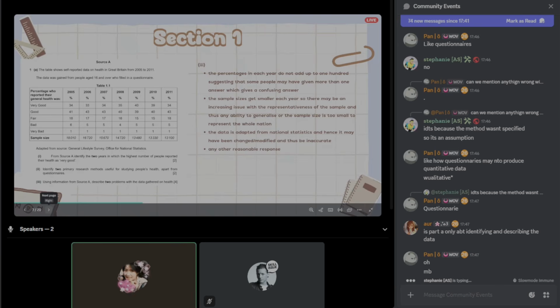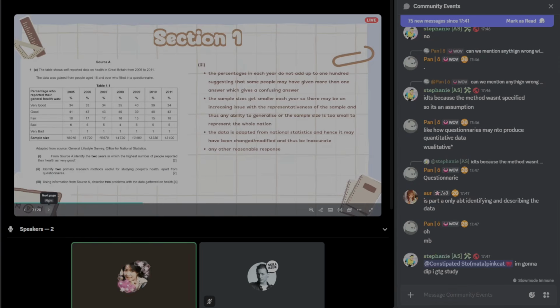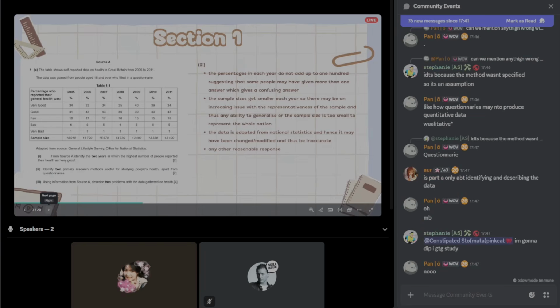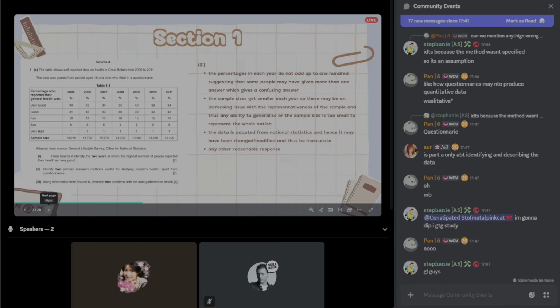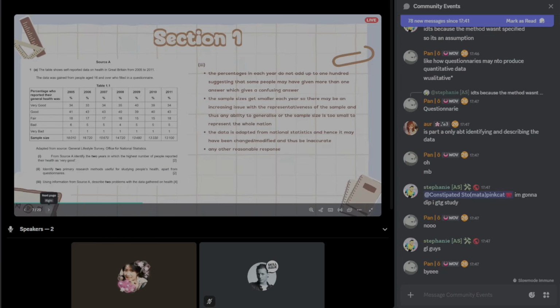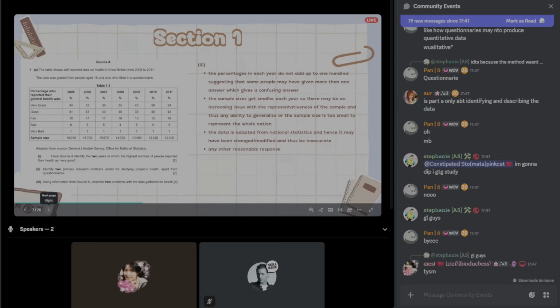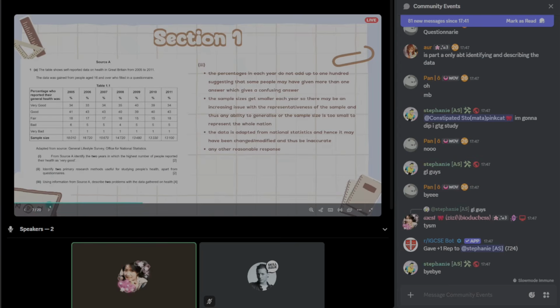That's what I see mostly for patterns in the past papers, as I grind a lot for sociology. So, no more questions? If not, I will move on to the 4 mark question.